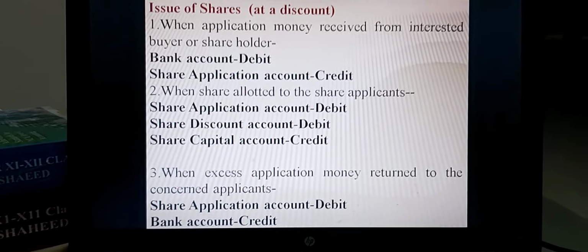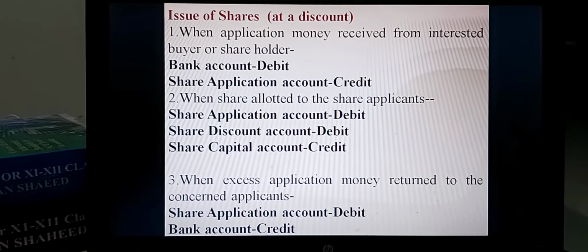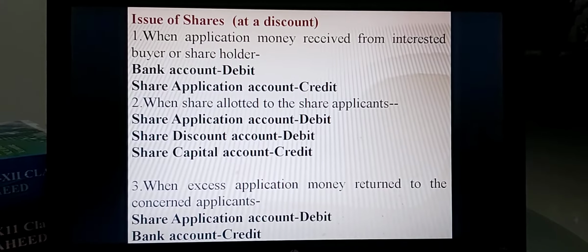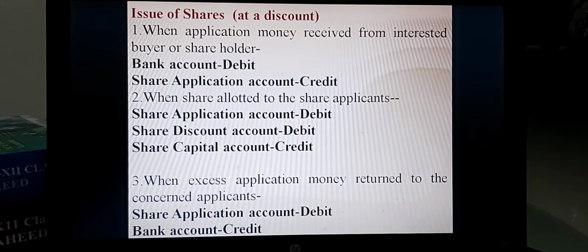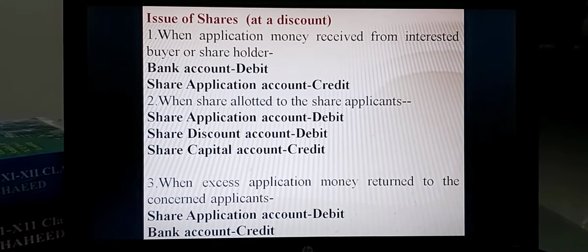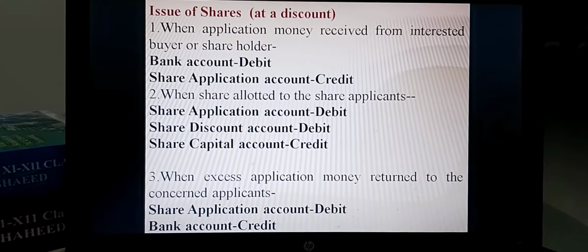Number 3, when excess application money is returned to the concerned applicants, these entries are the same in all levels, whether shares are issued at par, at a premium, or at a discount: share application account debit, bank account credit.